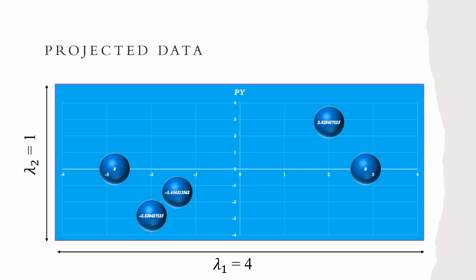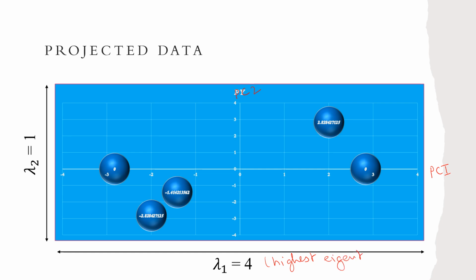This x-axis is called my PC1 and this y-axis is called my PC2. This PC1 corresponds to the eigenvalue 4, that is, the highest eigenvalue.